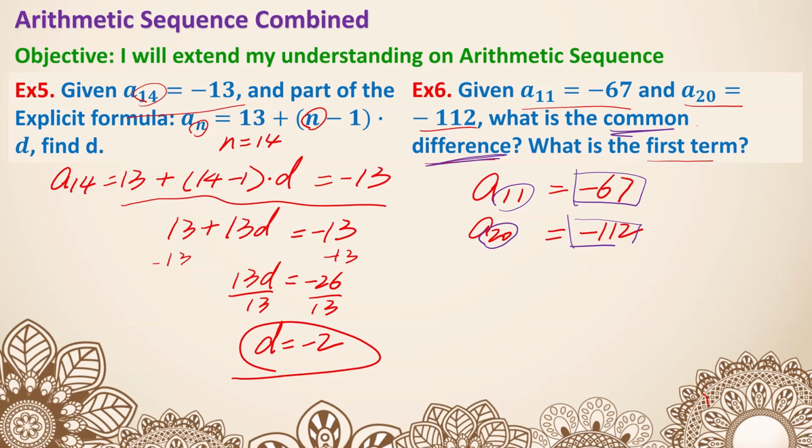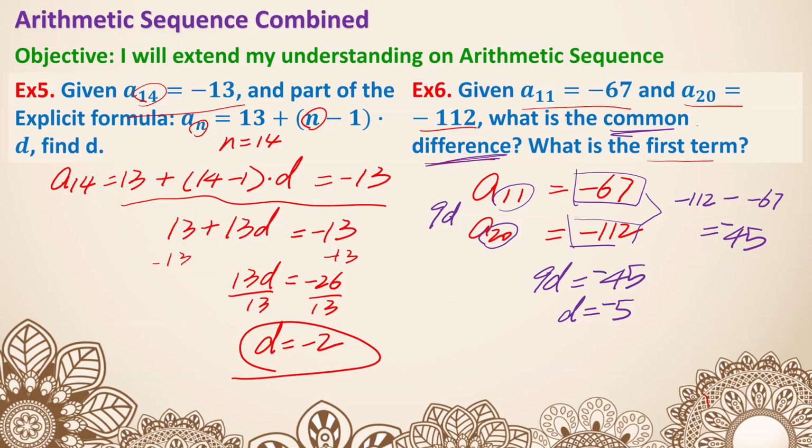Between a sub 11 and a sub 20, there are 9 common differences. And between these two numbers, negative 112 minus negative 67 is negative 112 plus 67. That equals negative 45, which in other words, 9 common differences is negative 45. So the common difference is actually, sorry, it's negative 45, so when you divide, it's negative 5.